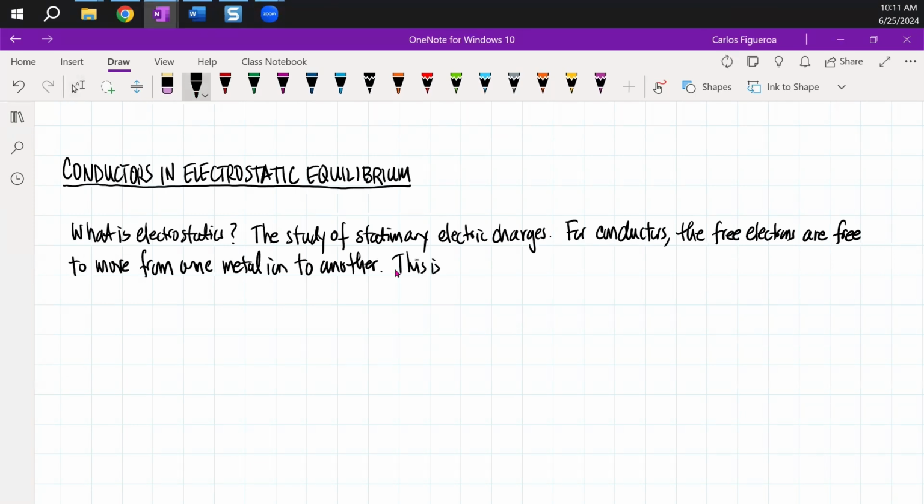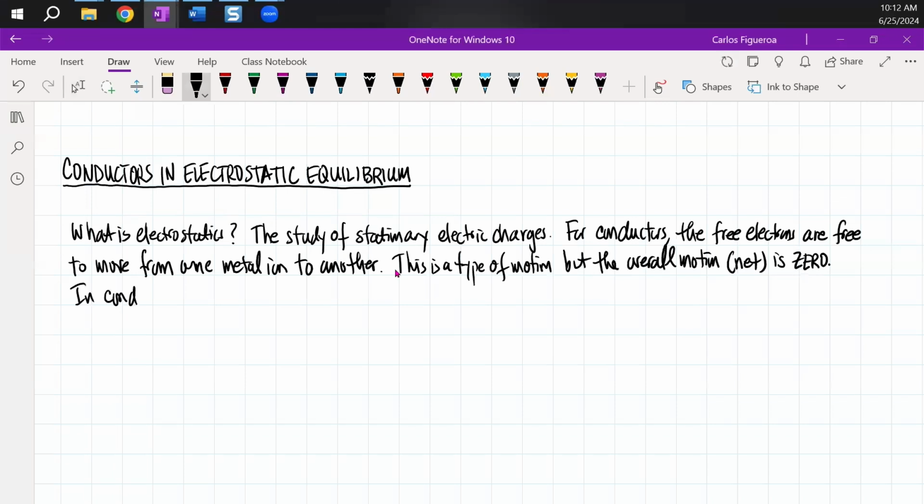This is a type of motion, but the overall motion, in other words, its net motion, is zero. So in conductors, we have electrostatics.